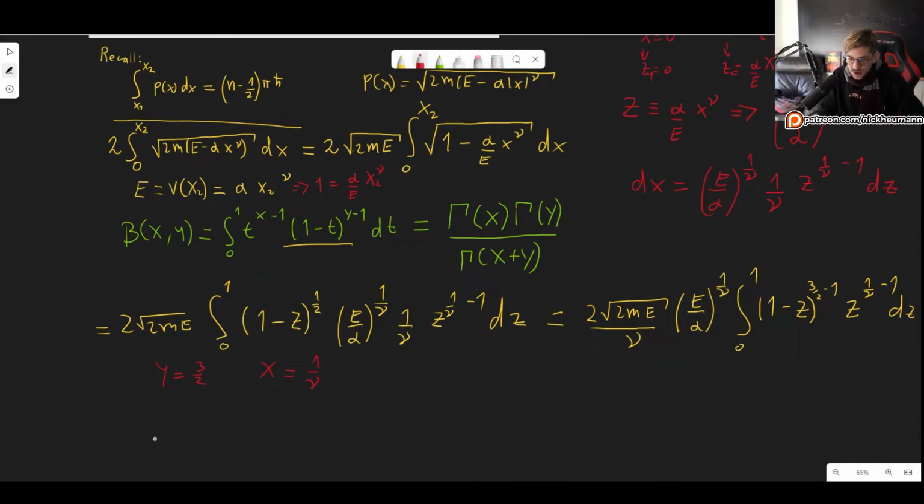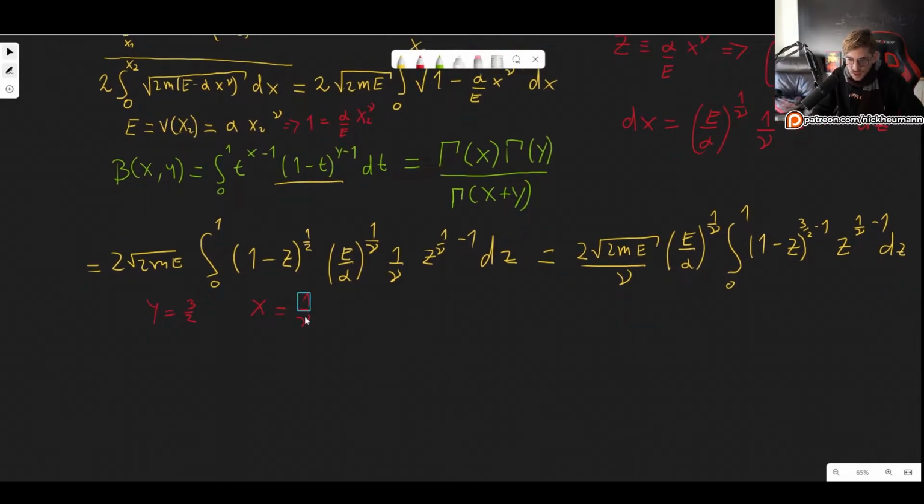So this expression is the beta function of 1 over nu and 3/2. So let me write it like this. So 2 times the square root of 2me over nu times e over alpha to the 1 over nu, and then we have the beta function of 1 over nu and 3/2.